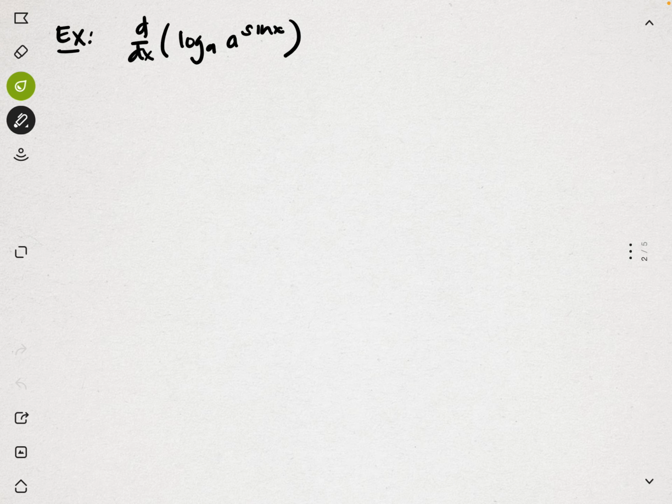So notice that this one goes along with the rule that the derivative with respect to x of log base a of u is going to be 1 over u ln a. And then if we have the chain, you could say times du dx.